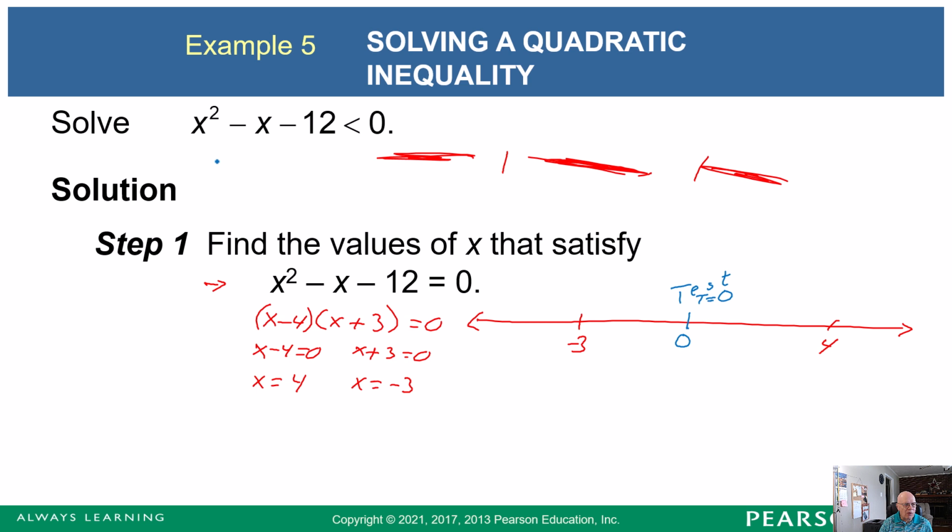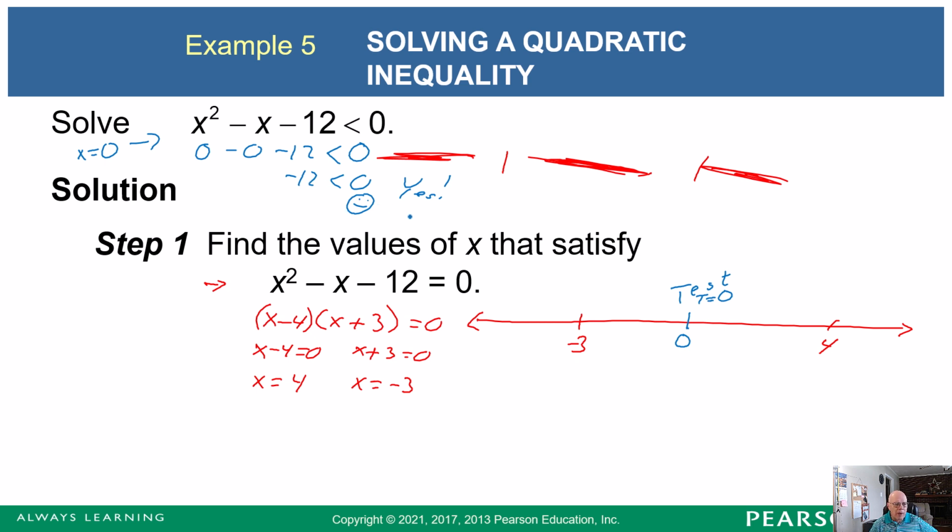Put a 0 in for x. x equals 0. What do we have? 0 minus 0 minus 12 less than 0. Negative 12 less than 0. Yes. Maybe a smiley face even. We'll go a little crazy.